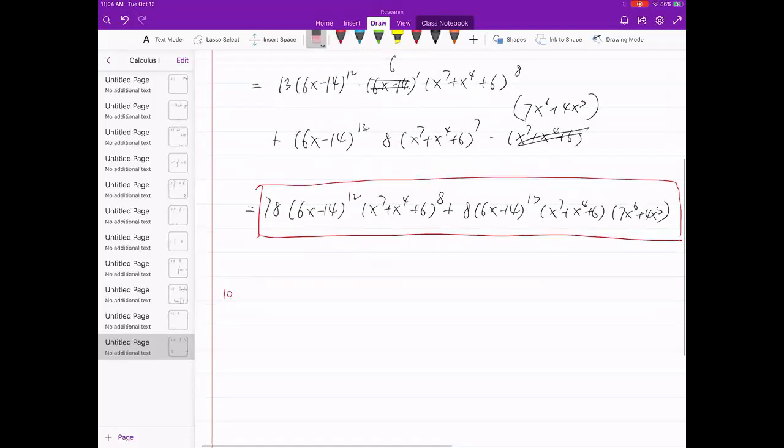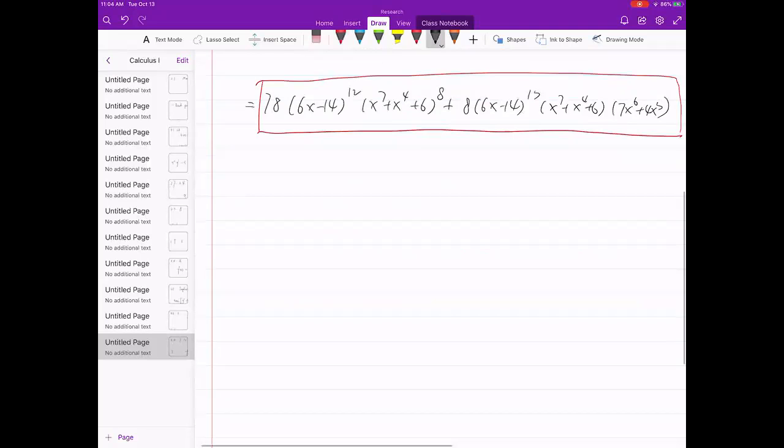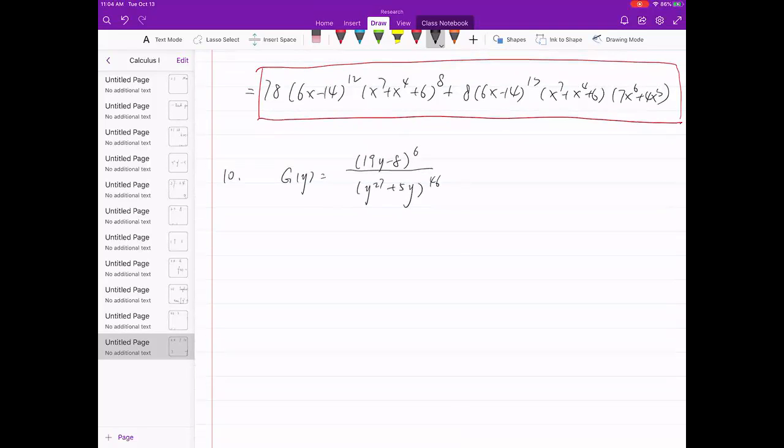Now number 10. The derivative of... all right, so they ask you to find g prime of y.